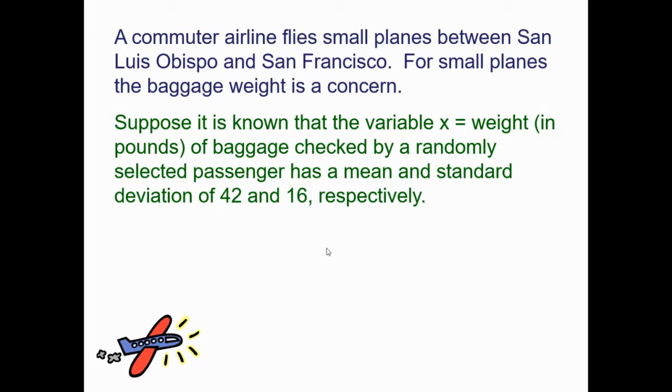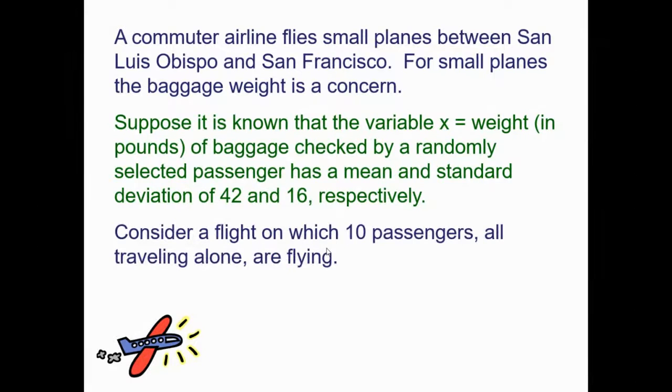So suppose it's known that the variable x equals weight in pounds of baggage checked by a randomly selected passenger, has a mean and standard deviation of 42 and 16 respectively. And we want to consider a flight where there's 10 passengers, all of whom are traveling alone.